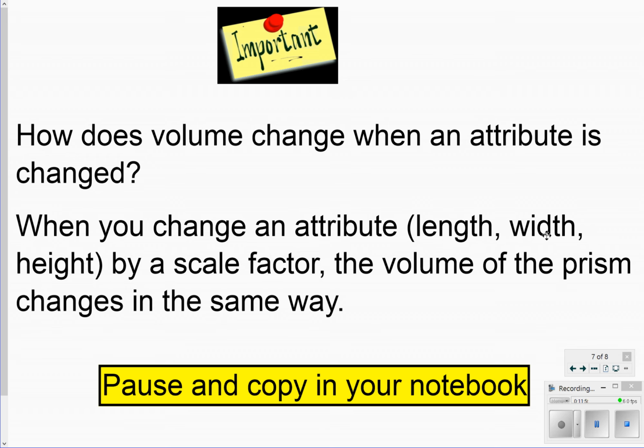If it changed by a scale factor of 2, that means the whole volume changed by a scale factor of 2. It multiplied by 2. If you did a scale factor of 1/4, that means all of the volume was divided by 4. Very interesting. So I want you to go ahead and pause the video and copy this into your notebook now.